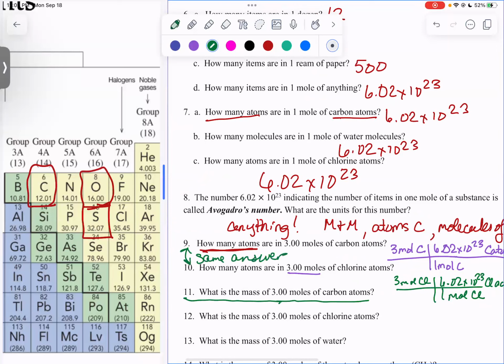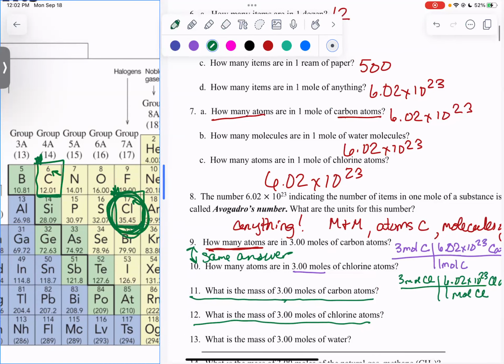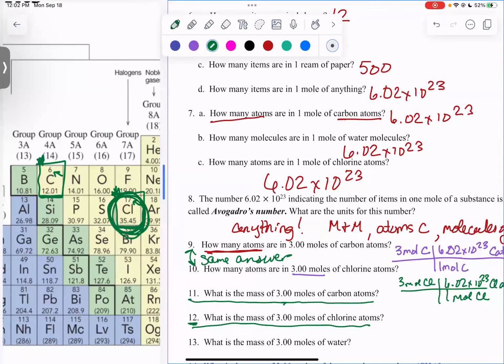Well, I know an individual chlorine atom is heavier than an individual carbon atom because chlorine has more protons and it has more neutrons than carbon. So chlorine's going to be heavier. So my answer for 12 should be bigger than my answer for 11. So let's see if that holds true.